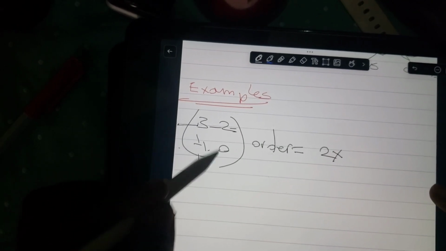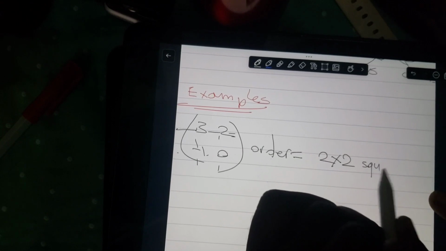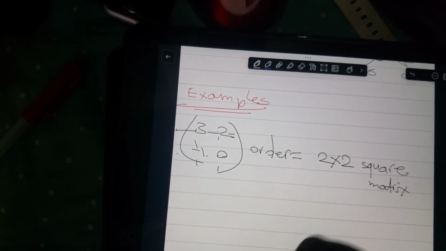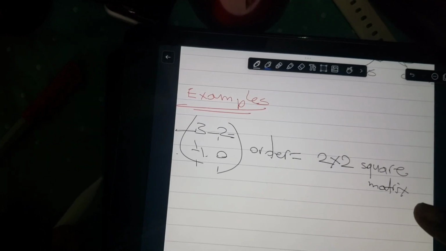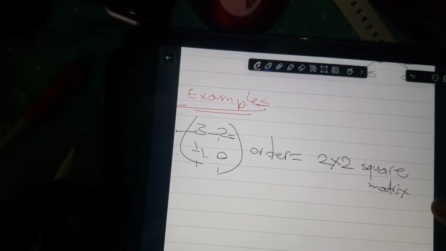How many columns? Column number 1, column number 2, so it's 2 by 2, and we call it a square matrix. Why is it called a square matrix? Because the number of rows equals the number of columns.